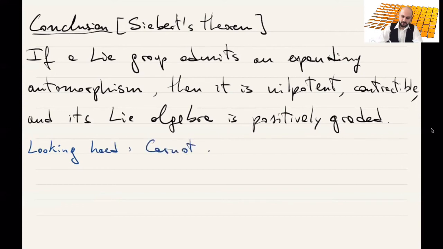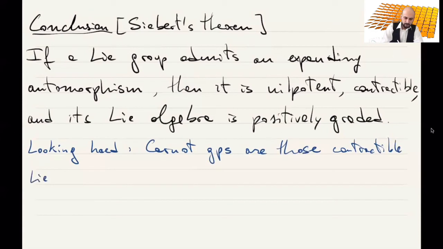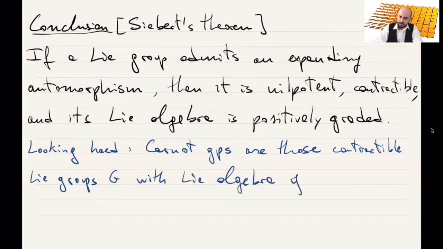So Carnot groups are those contractible (or simply connected, which for nilpotent groups is the same) Lie groups G with Lie algebra that is positively graded.